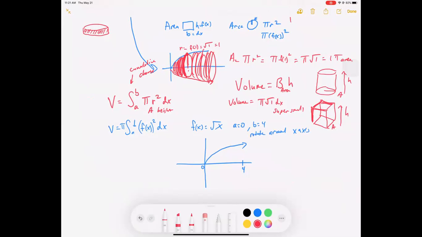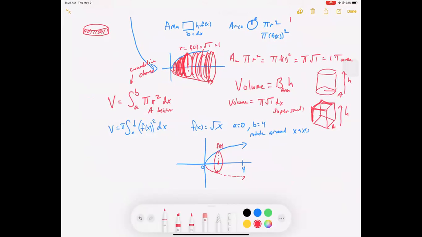That means we're going to be rotating this way, which gives me a mirror reflection. This gives me a nice, easy circle with the radius of the height of the function, f of x. Okay.